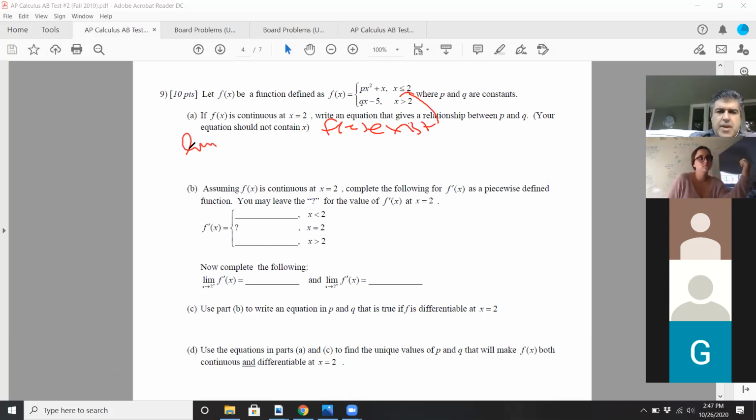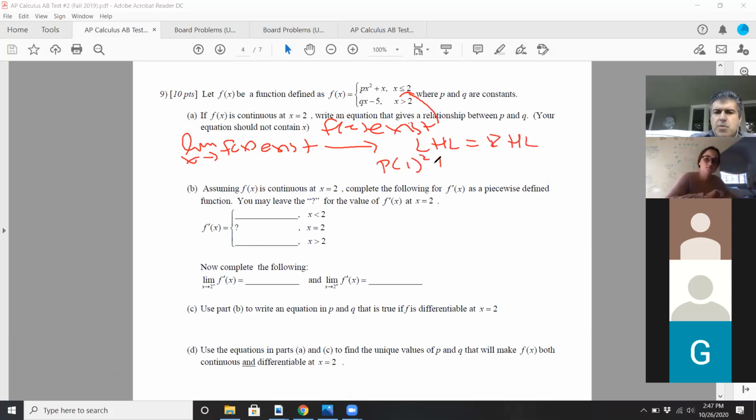You also need the limit as x approaches 2 of f of x to exist, meaning that you need the left-hand limit to equal the right-hand limit. The left-hand limit is just going to be p times 1 squared plus 1. The right-hand limit is just going to be q times 2 minus 5. If you clean it up just a tad, p plus 1 equals 2q minus 5. There you go. That's part A.